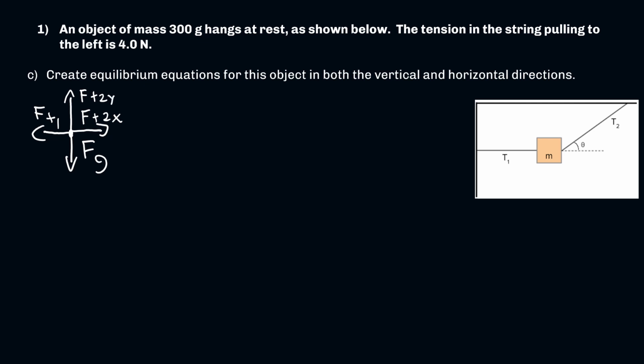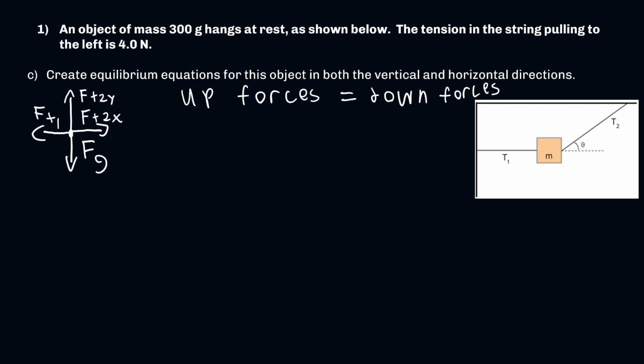Alright, so now I can make both my equilibrium equations for the vertical and the horizontal directions. So, for the vertical, that is up forces equal down forces. This is using our component free body diagram to do this.